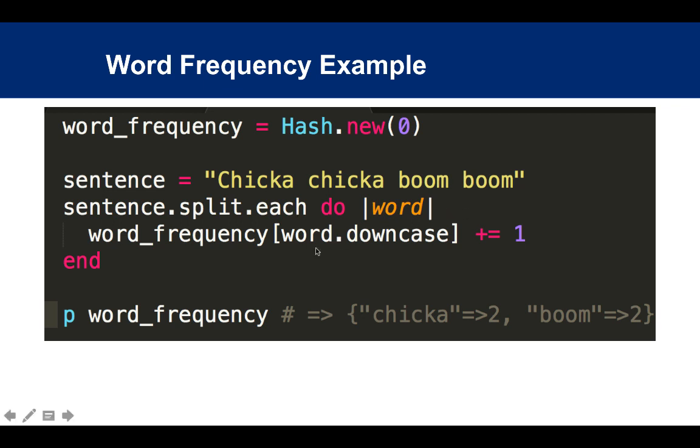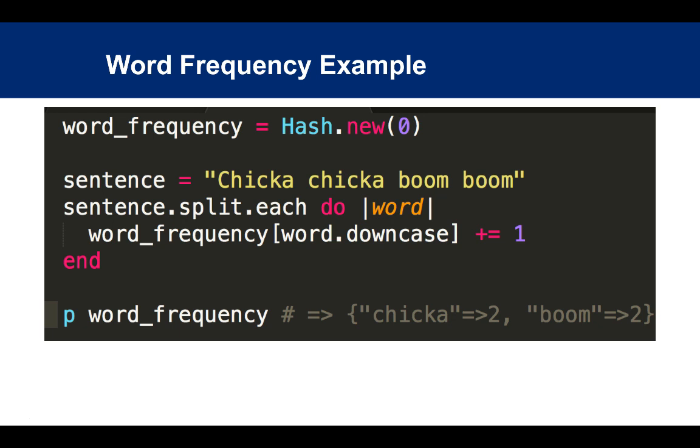So what you do is convert each word to lowercase with the downcase method, and then you check the word frequency hash with that key. Does that exist? It will give you back a 0 if it doesn't exist, and you just increment that and put it back in the word frequency hash with the word as the key.